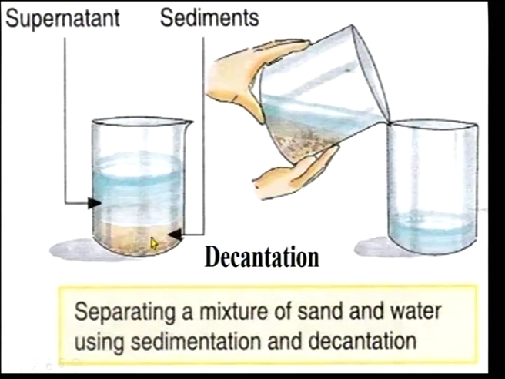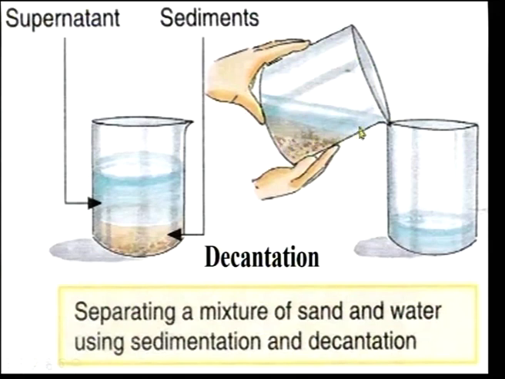So this is a beaker of water which has sediment at the bottom. Sediment means what? After the sand is mixed with water, the sand settles down because it is not soluble in water. So the water is now called supernatant and the sand which has settled down after sedimentation is called sediment. If you hold it slowly onto another container in a slanting position, you can separate the supernatant.